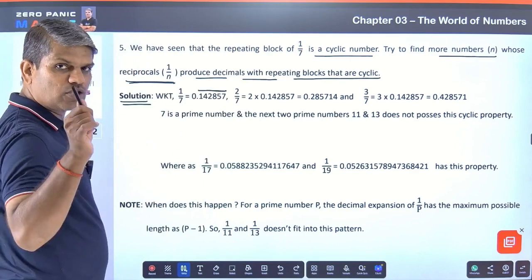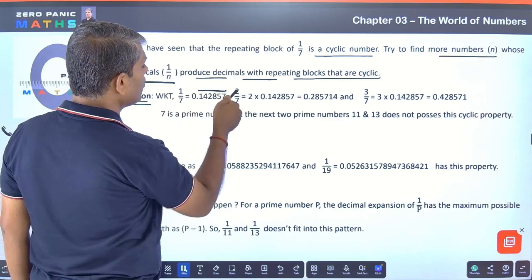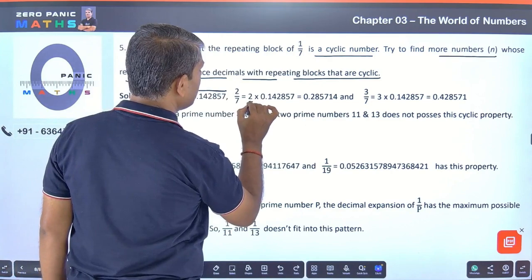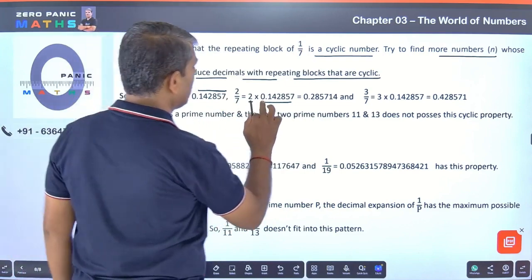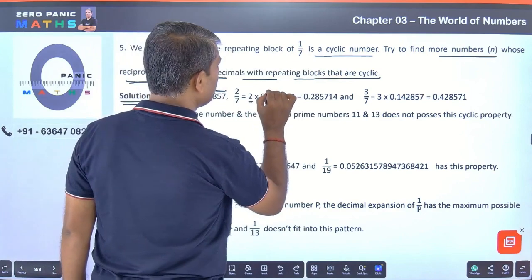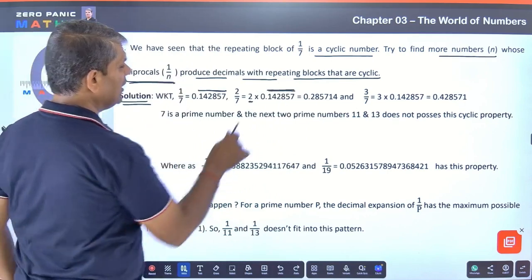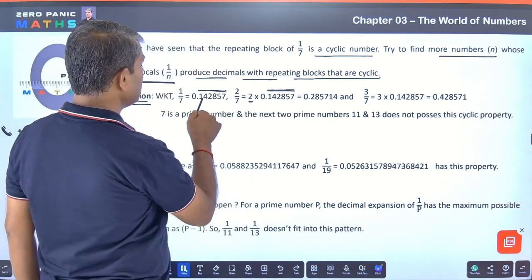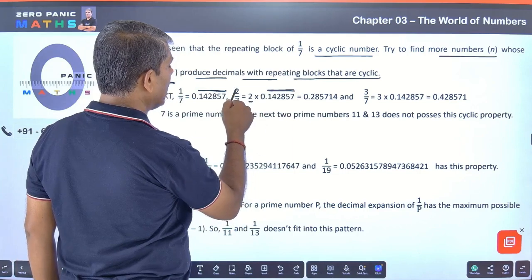Understood this? Now if you multiply 1 by 7 with 2, that is 2 by 7. What is 2 by 7? It is 2 multiplied by the value of 1 by 7. Let us not underline this, because it will be confusing, as there is a bar on the upper side. It is 0.142857, that is the value of 1 by 7. I am multiplying it with 2 to get 2 by 7.